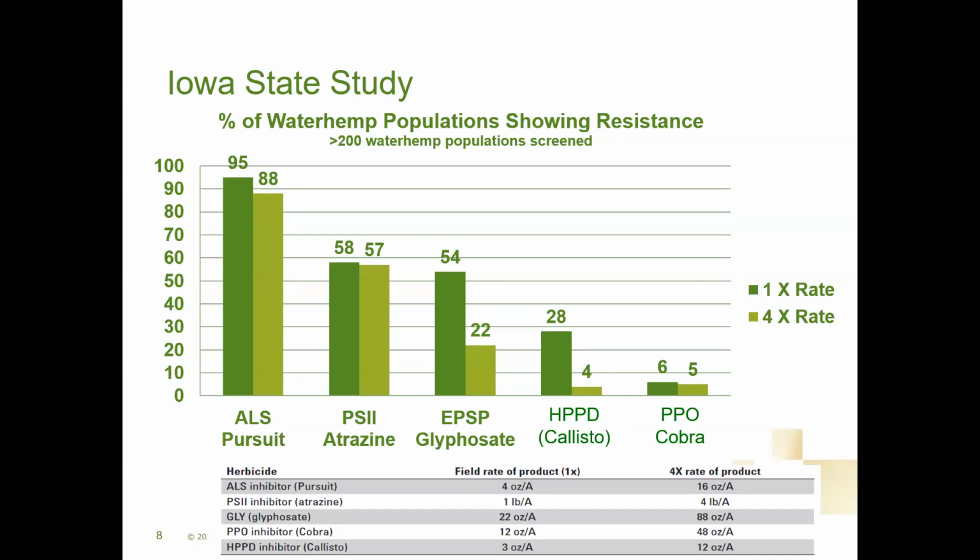But now that we're starting to see some resistance to that, I am starting to get concerned about some of the activity that we have on some of our weed spectrum, especially some of the HPPD inhibitors on something like a giant ragweed. And we are seeing some resistance in water hemp as well. But some of these HPPD inhibitors weren't that strong on giant ragweed to begin with. And now we're really starting to see some of the resistance issues popping up for these HPPD inhibitors.